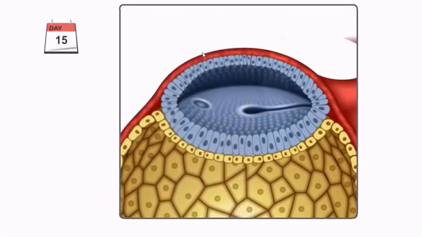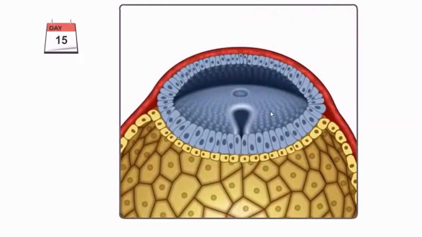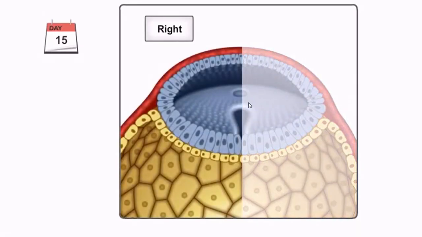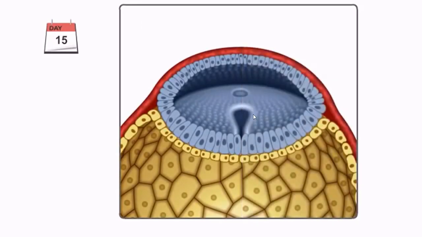So now caudal end, cranial end, and now let's see the cross section of this primitive streak. Left and right. This again is the oropharyngeal membrane, and this is the primitive streak. It is composed of the primitive node, the primitive pit in the middle of this, and the primitive groove.